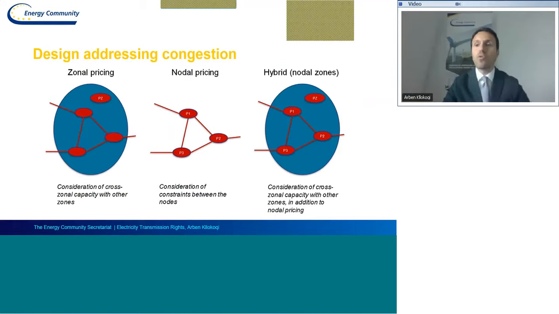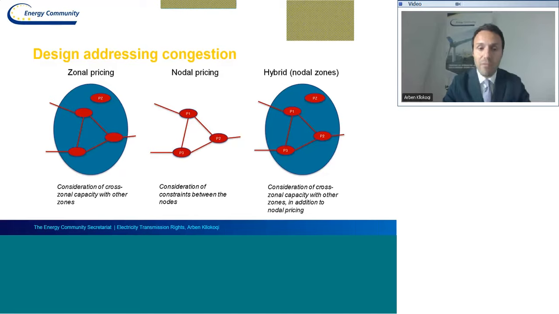The first is zonal pricing, the so-called zonal market, where you have a zone composed of many different nodes of the network, and the trading is free within the zone without taking into account the cost of system operation, the cost of the network itself, so congestion. We're talking about the wholesale trading.